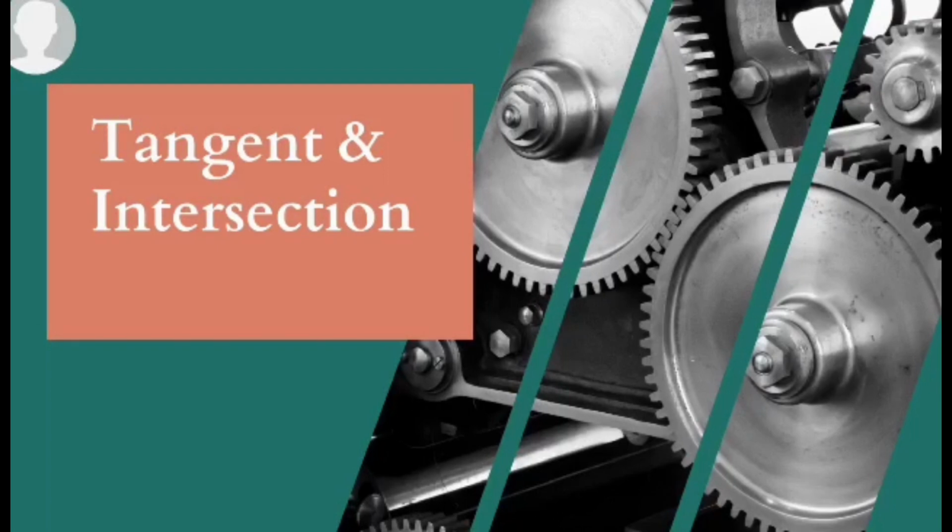Tangents and intersections in orthographic drawing serve to convey critical information about how different components of an object interact in three-dimensional space. They play a central role in ensuring accurate manufacturing, smooth assembly, and effective communication of design intent.